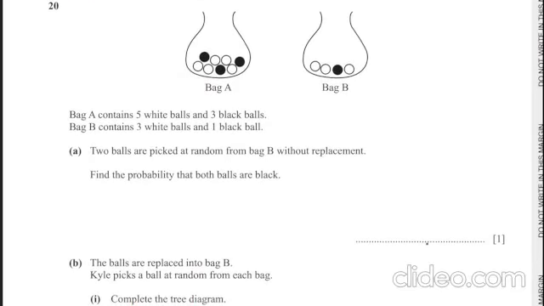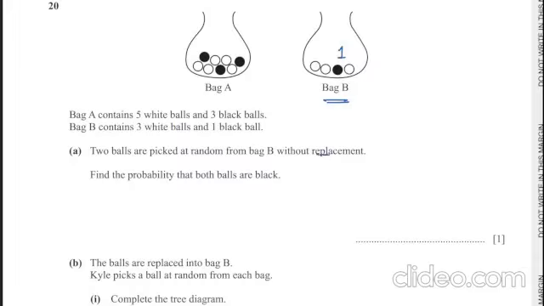Okay, 20th question says bag A contains 5 white balls and 3 black balls, and bag B contains 3 white balls and 1 black ball. Two balls are picked at random from bag B without replacement. Find the probability that both the balls are black. That is not possible, because in bag B we only have 1 black ball and 3 white balls.